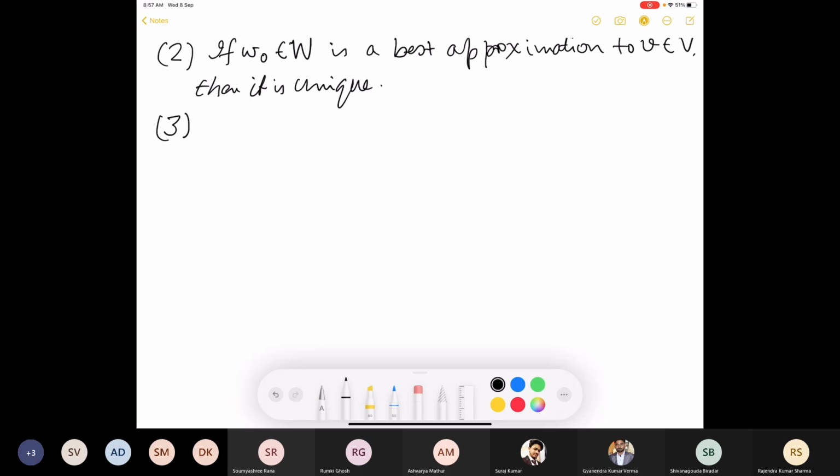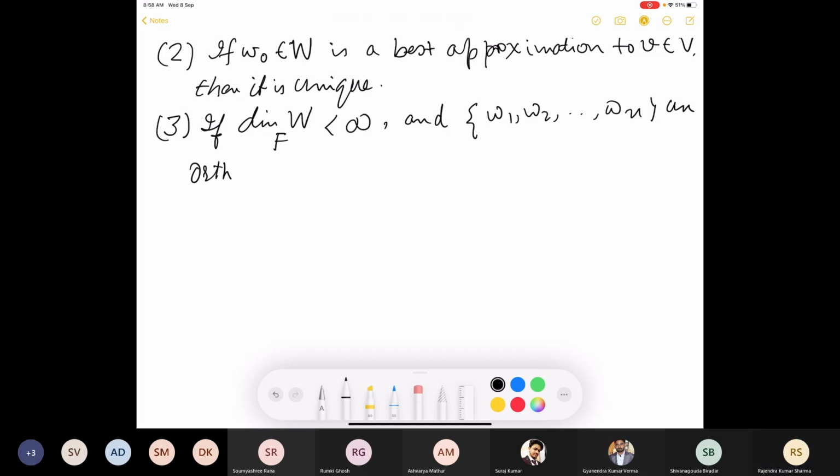Third thing is, if W is a finite dimensional subspace with an orthonormal basis w1 to wm for W, then these w's can tell the exact form of w naught.